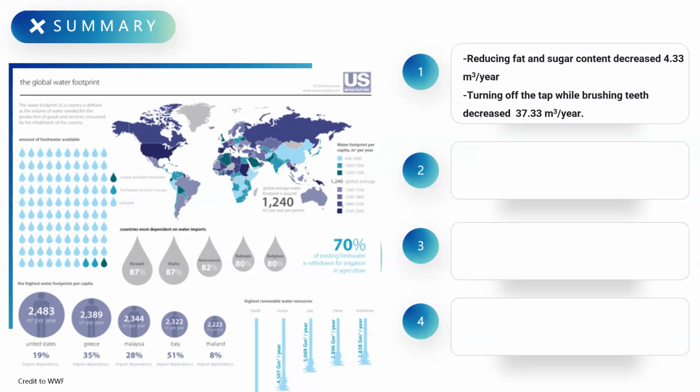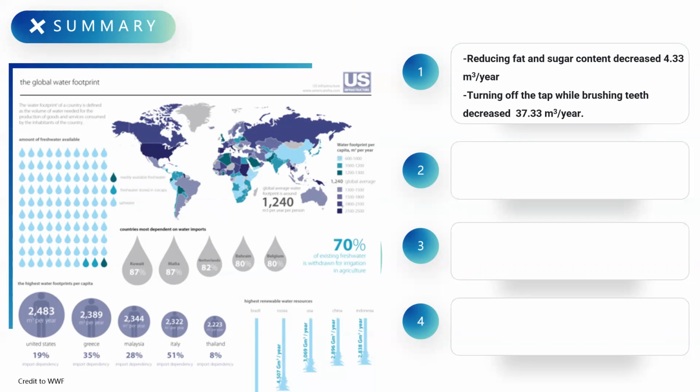Some of the European countries have a smaller water footprint, maybe because they are using more domestic food and services. The summary for our group project is that reducing fat and sugar content can reduce an average of 4.3 cubic meters of water per year.